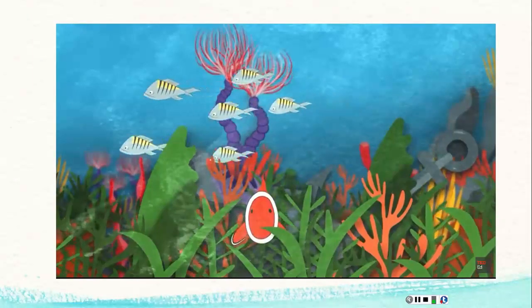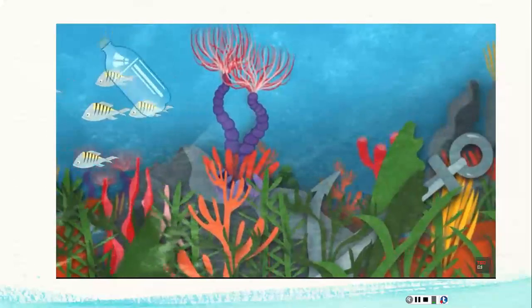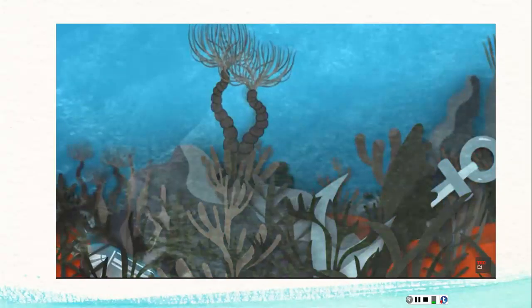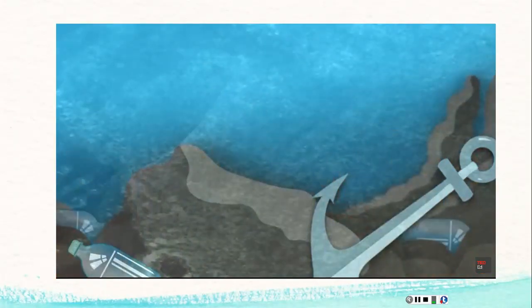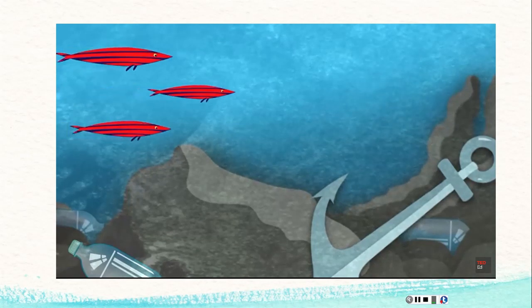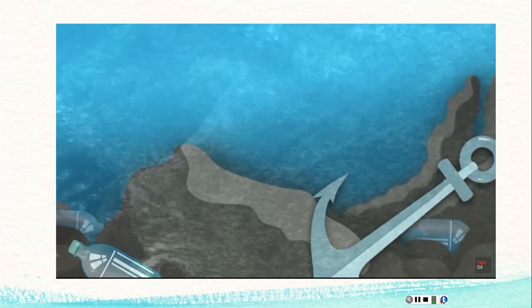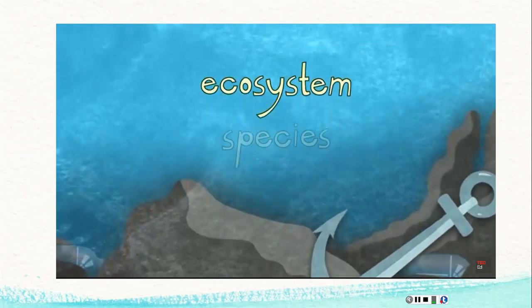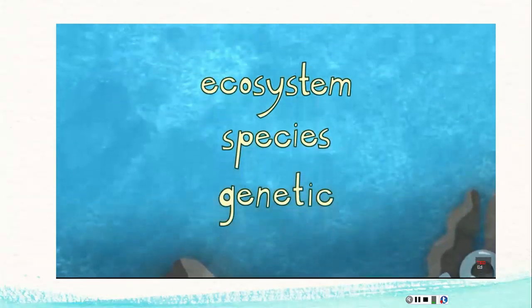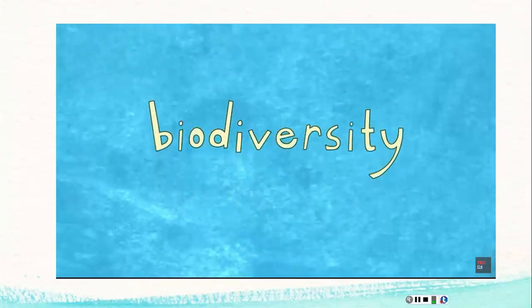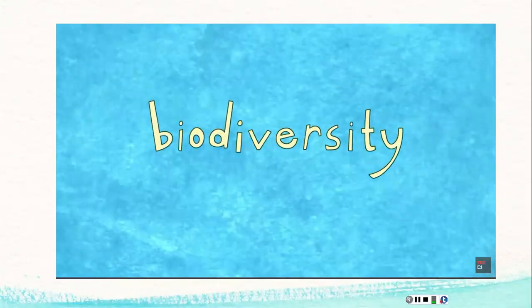So what happens when destructive fishing practices, pollution, and ocean acidification weaken coral or even kill it altogether? Exactly what you might think. The loss of this keystone species leaves its dependents at a loss too, threatening the entire fabric of the reef. Ecosystem, species, and genetic diversity together form the complex tangled weave of biodiversity that is vital for the survival of organisms on Earth.